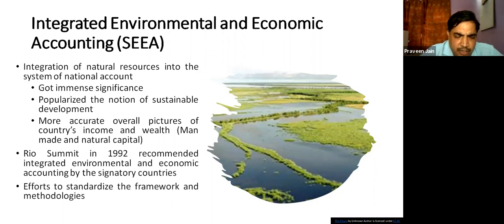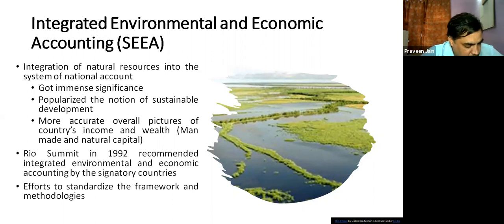In the Rio Summit in 1992, they recommended this system of integrated environmental and economic accounting for all the signatory countries. Efforts were also made to standardize the framework for calculating this environmental accounting or green accounting, and to have concentrated efforts.